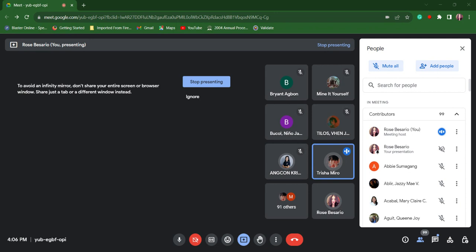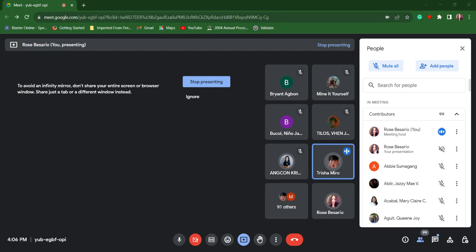So unsa may gibayaran? Of course, you have your principal na 600,000 and the total interest for 6 months, kay bayaran baya siya gyud pagka-end sa term.